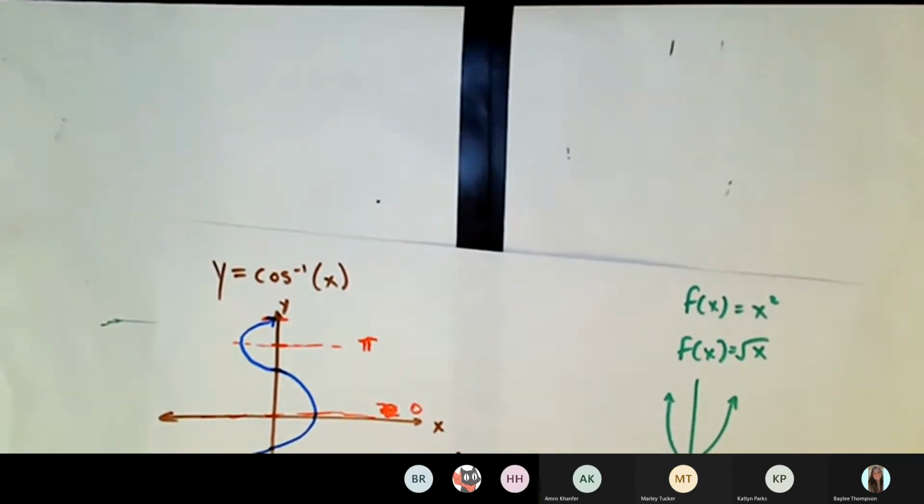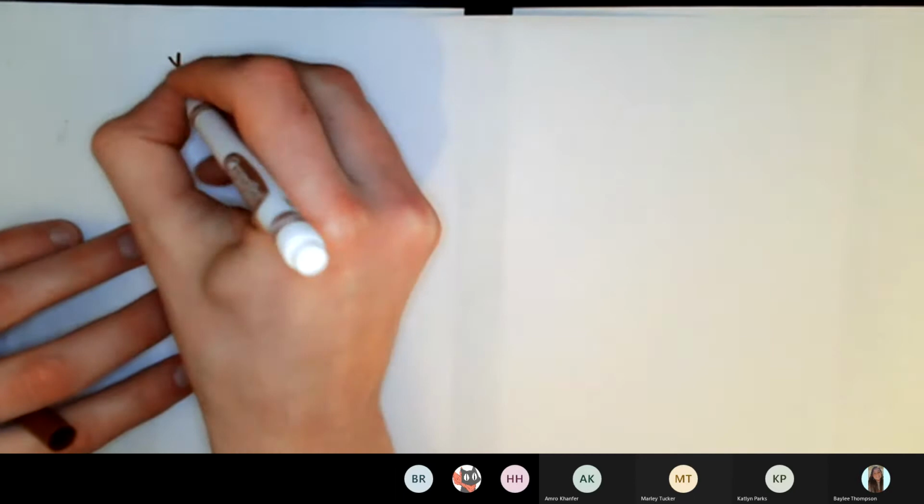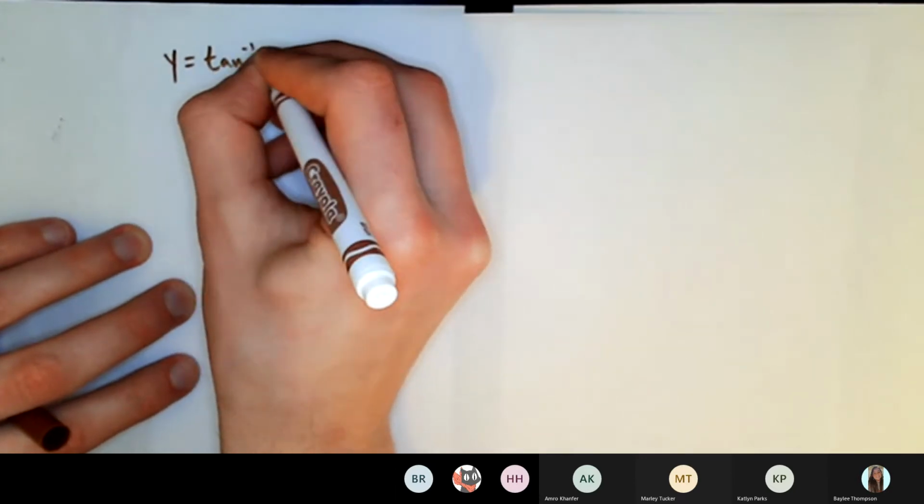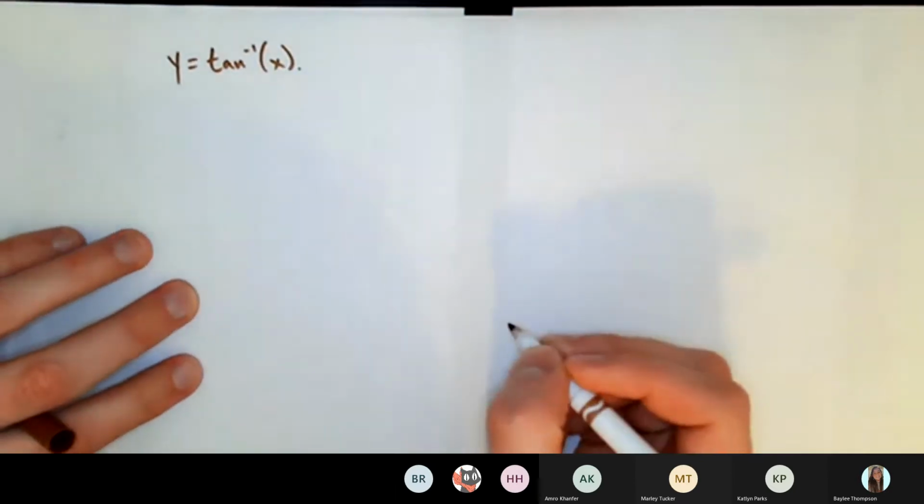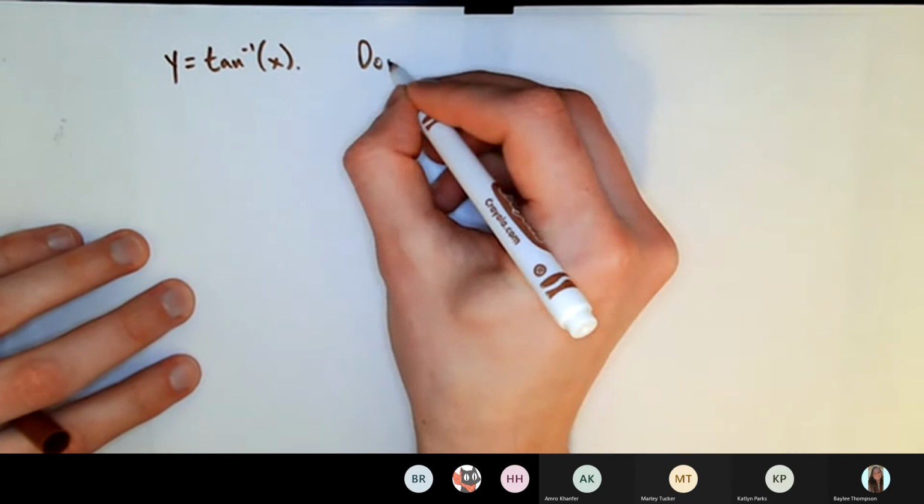So last thing here is to just go look at the tangent inverse functions, not their graphs. We're not going to worry about that. So let's discuss tangent inverse. Domain.